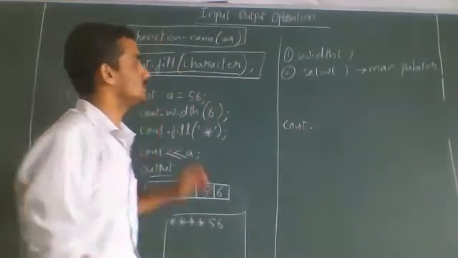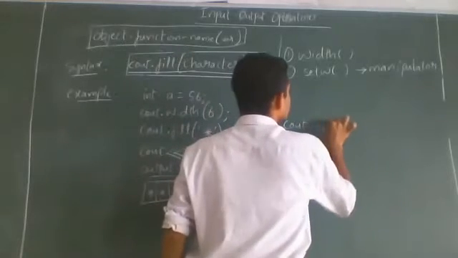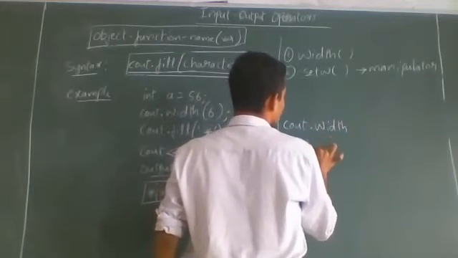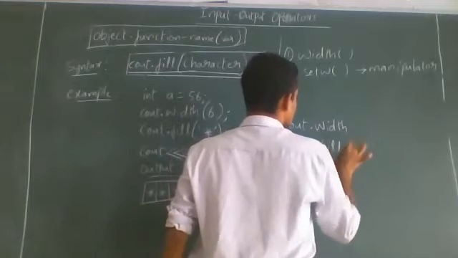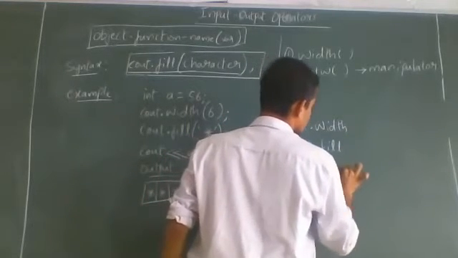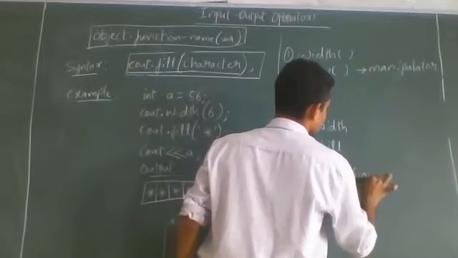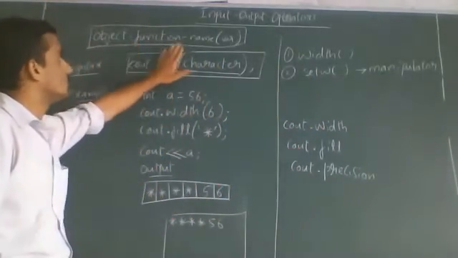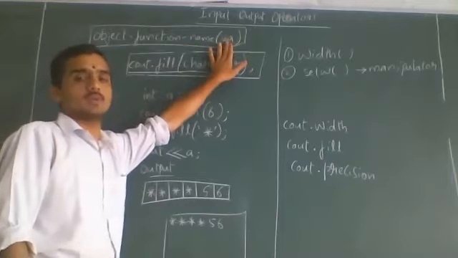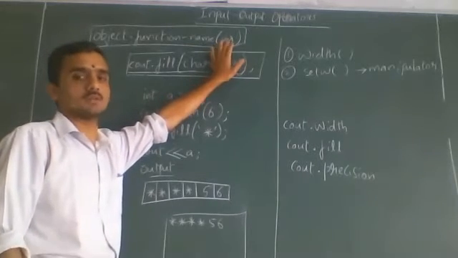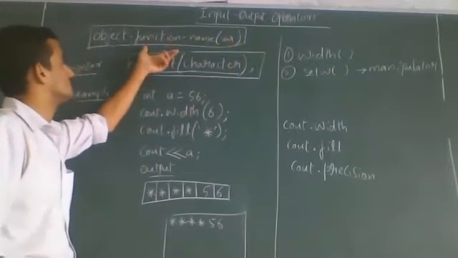The function name can be width, or fill, or precision. I am telling you how to remember the general form: object dot function name of some variable or parameter. In the function chapter, we come to know what parameters are. Just remember this general formula.